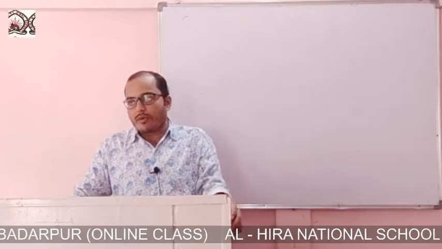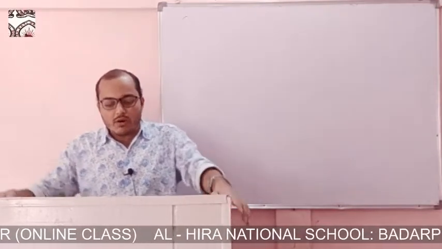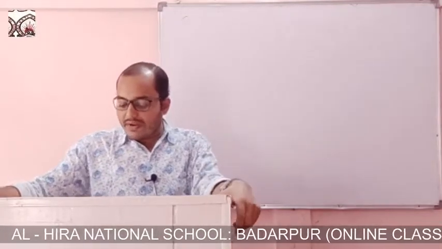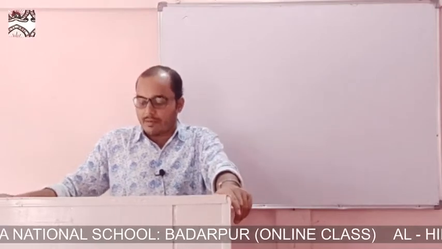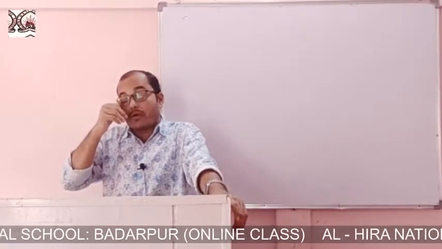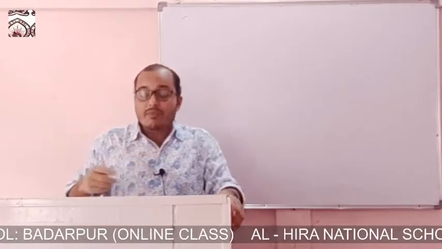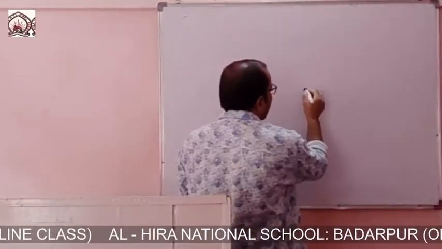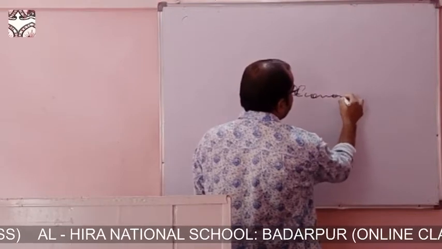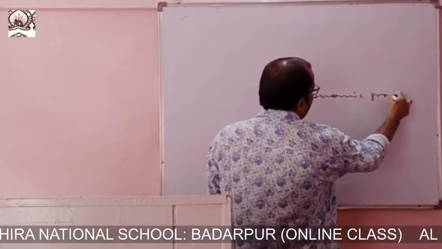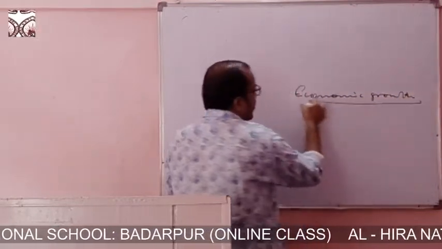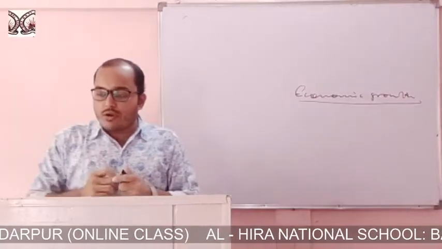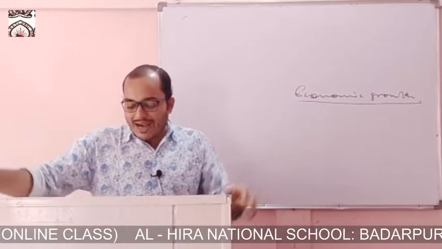Now what is economic growth? Economic growth is to be distinguished from economic development, and economic growth is basically a quantitative concept. Economic growth is quantitative, and economic development is qualitative. So how is economic growth quantitative?